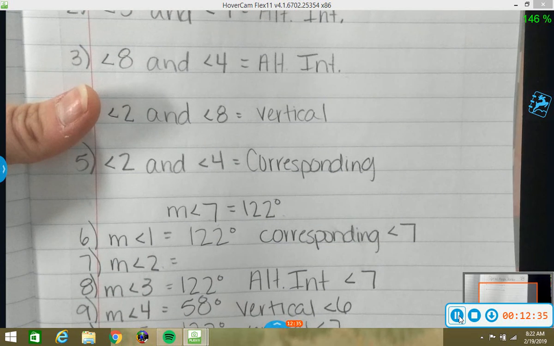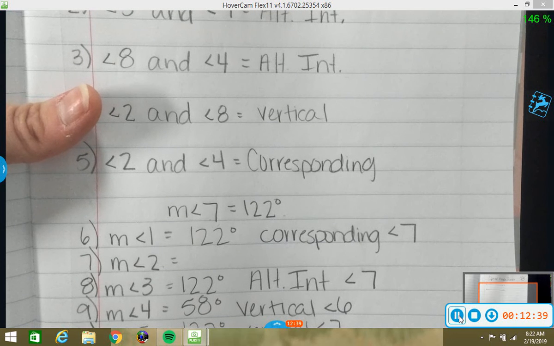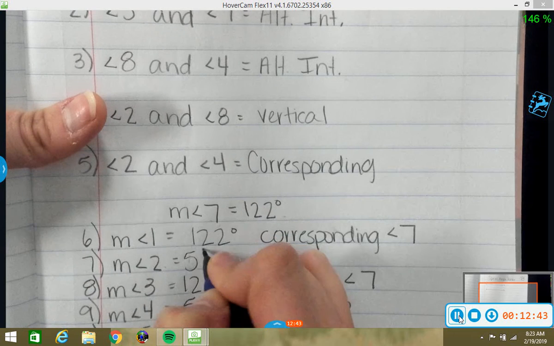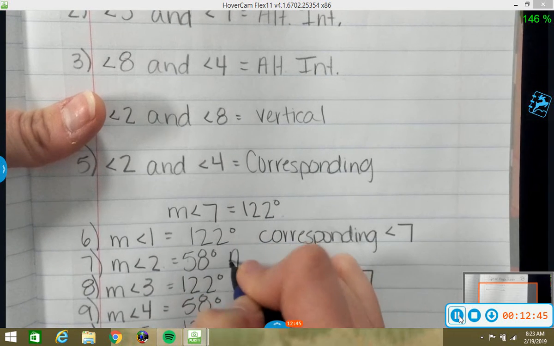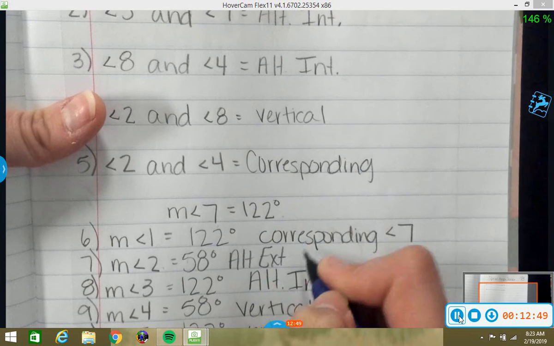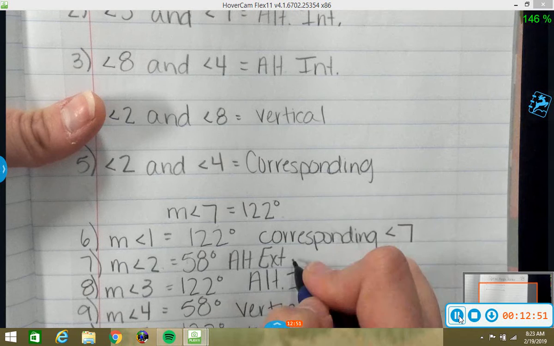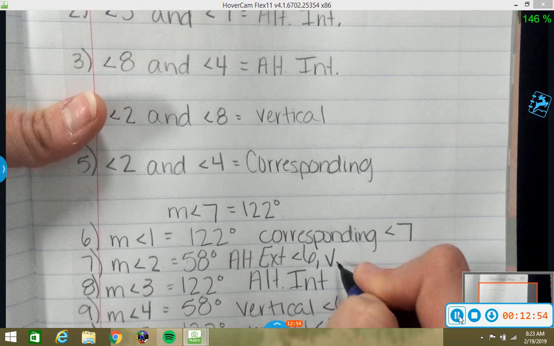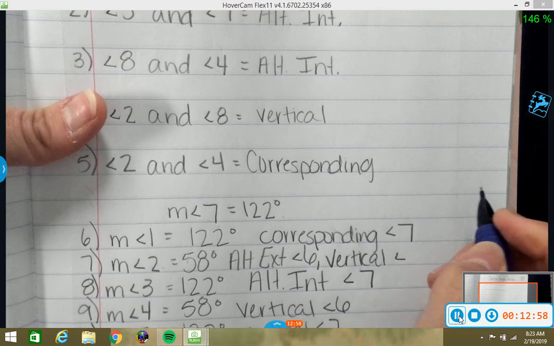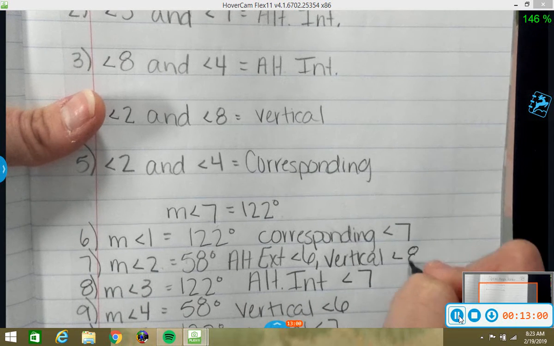Alternate exterior of angle 6. Vertical to angle 8. Okay, so you could say it's 58 degrees because it's alternate exterior to angle 6, and or it's vertical to angle 8.